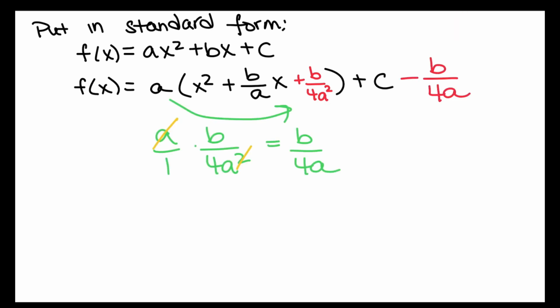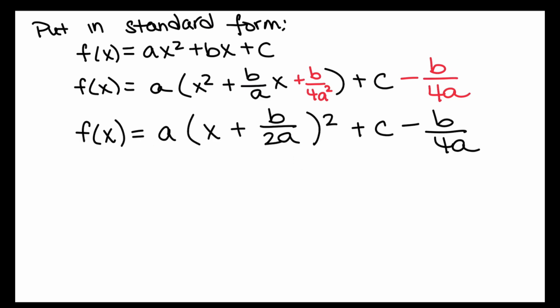Okay, what do I have to subtract? Well, technically, because that b squared over 4a squared is inside the parentheses, that a applies to it. So if I take a times b squared over 4a squared, that simplifies down to b squared over 4a. The a's cancel out. So technically I have added b squared over 4a, and so that's what I'm going to subtract.